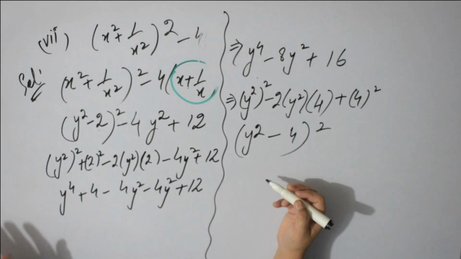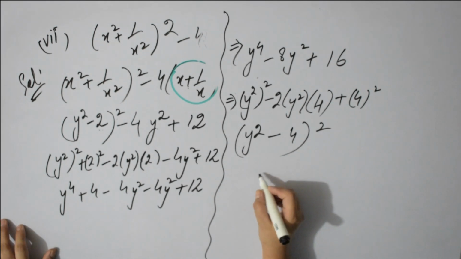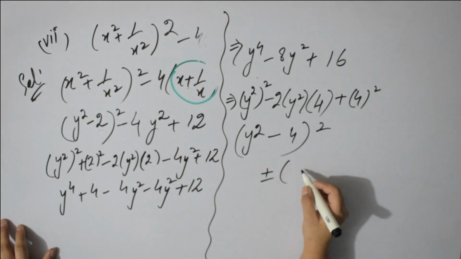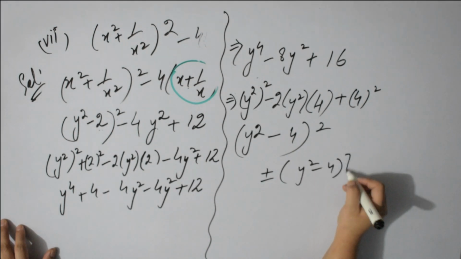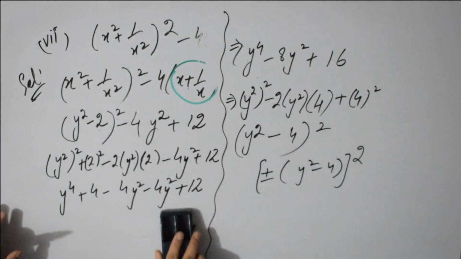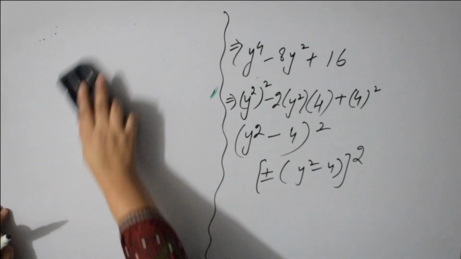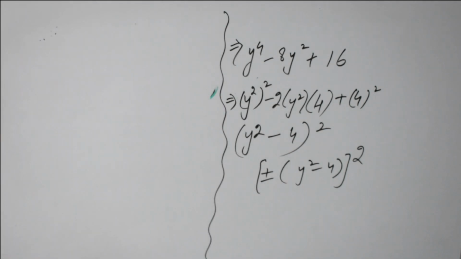Students, I am writing the next step, that is plus minus (y^2 minus 4)^2. After that I have to take the square root, and yes, this seventh part is completed.